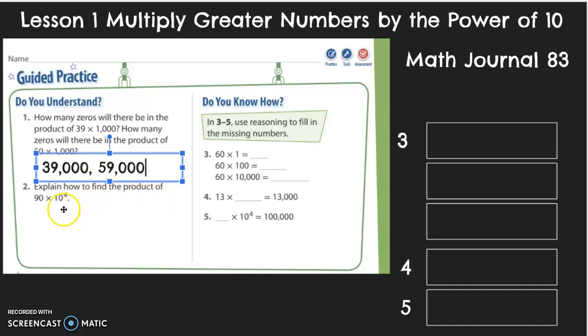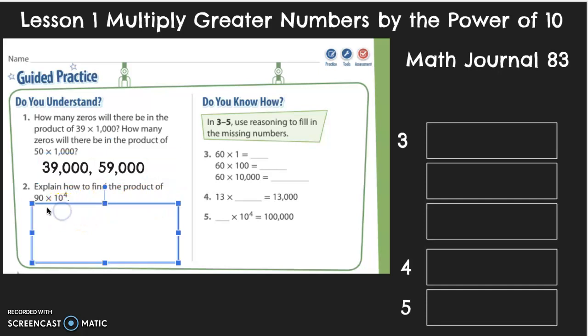Explain how you find the product of 90 times 10 to the 4th. Here's how I would do it. I would take 90, and then I would just add 4 zeros to the end of that.